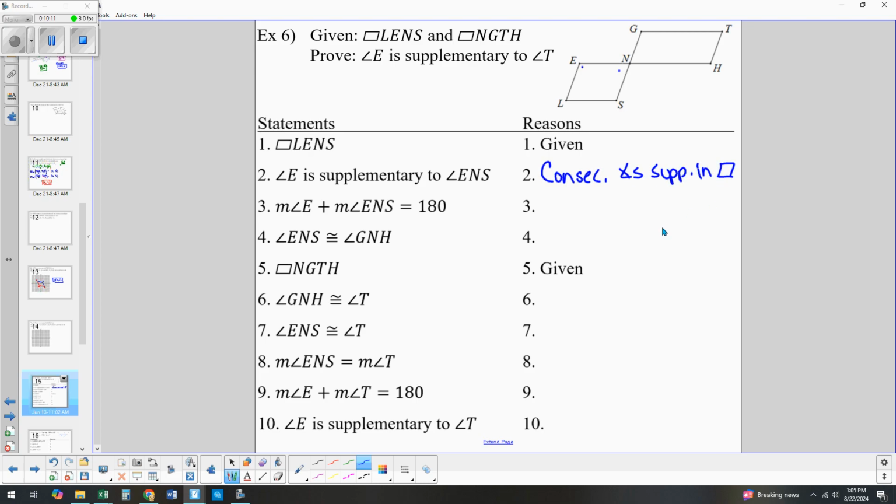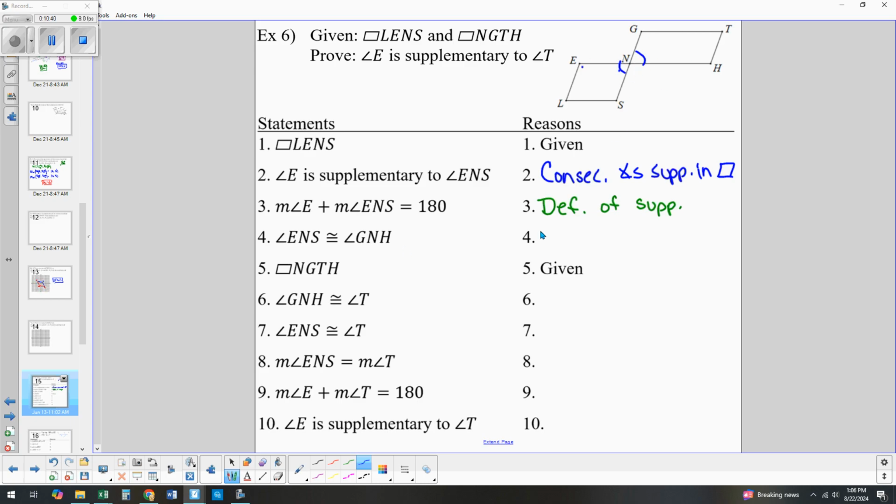So the properties that we learned before, we could use them exactly as they appear in our proofs. So now I'm talking about the two angles I just called supplementary, their measures adding to 180. We know whenever we see a word and now we're describing what happened with that word, it is the definition. So definition of supplementary. Now we have angle ENS. Angle ENS is here and it is congruent to angle GNH, which is here.